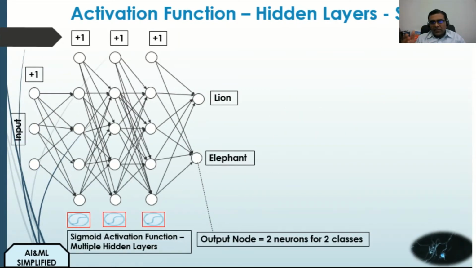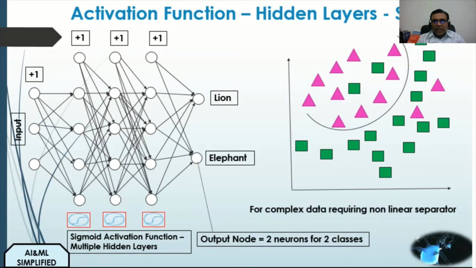So in this case, we have shown 3 hidden layers and we have applied the sigmoid function for all the 3 hidden layers. And we see on the right hand side, from a visualization perspective, the separator has even more non-linearity, and it is able to segregate the two classes of lion and elephant to a great extent.